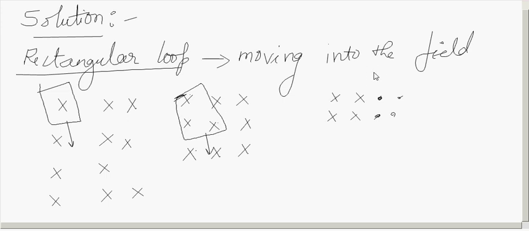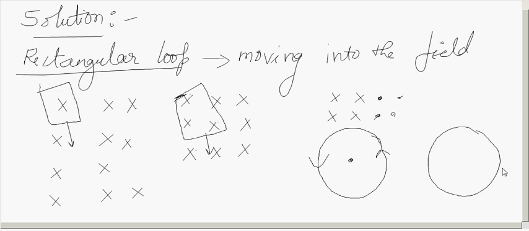If you can recall, in the previous chapter we learned that when we have a circular current loop with anti-clockwise current, then we have a dot magnetic field, and if the current is in the clockwise direction, then we will have a cross magnetic field at the center.